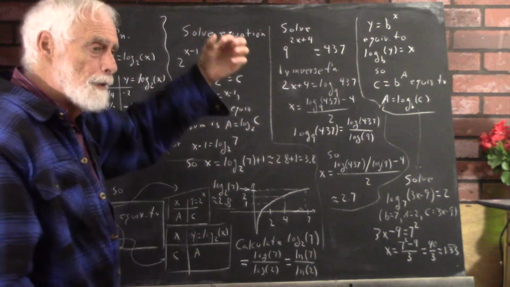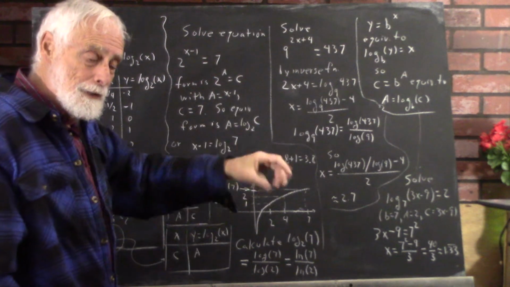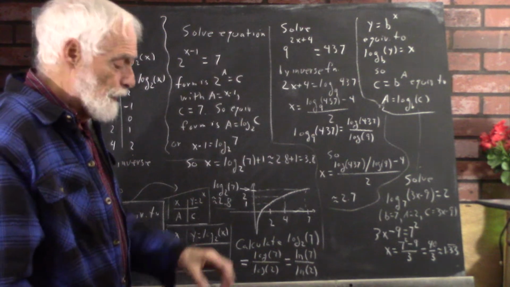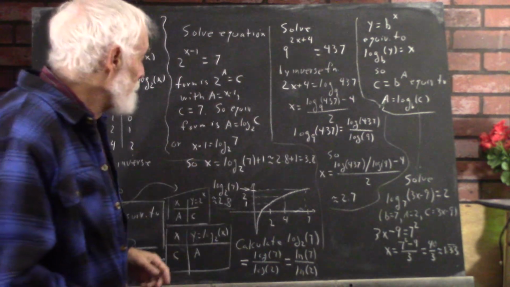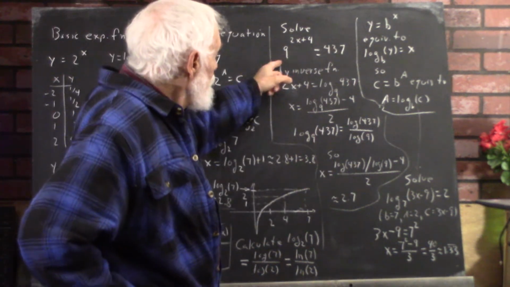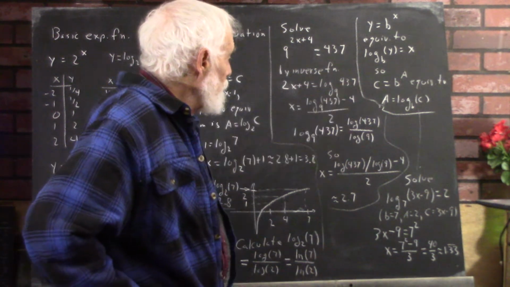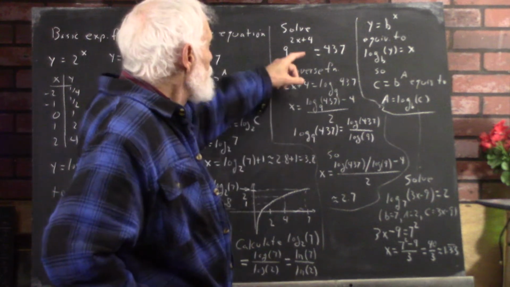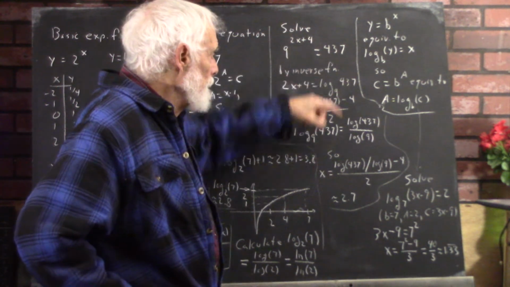If you take a table of 9 to the x and switch the columns, you get log base 9. You can do that for any base. So the inverse of this is log base 9 of 437.